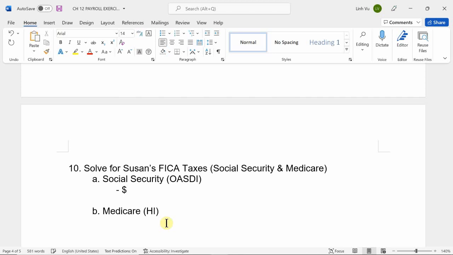She earned 950, multiplied by 6.2%. Yes, there's a point there. 6.2%. That gives 58.90.